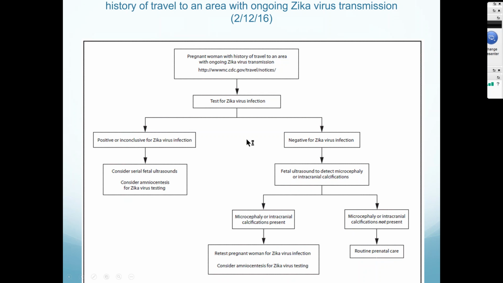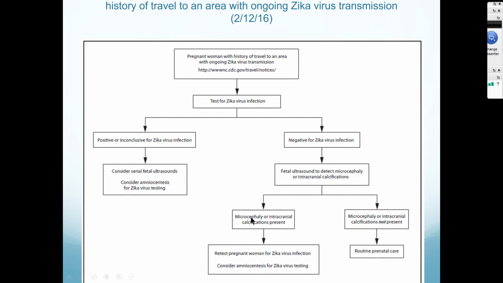On the other hand, if it was negative for the Zika virus infection from our studies, fetal ultrasound seems to be reasonable as well because of our concerns that maybe we didn't identify it, and if there are other things over time that we can see, including development of growth of the fetal head circumference and intracranial calcifications, I think obviously that might point to the right side here where this infection may affect the baby.